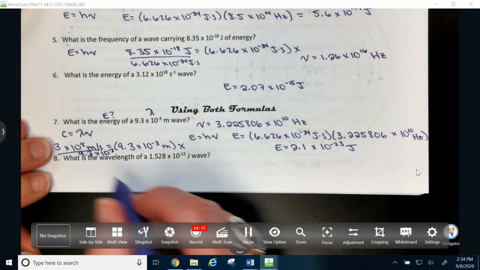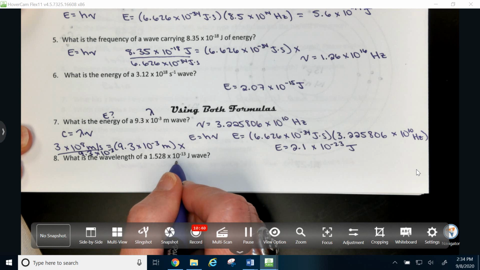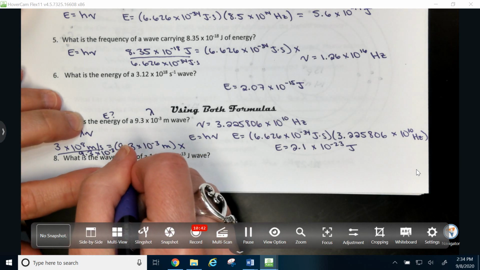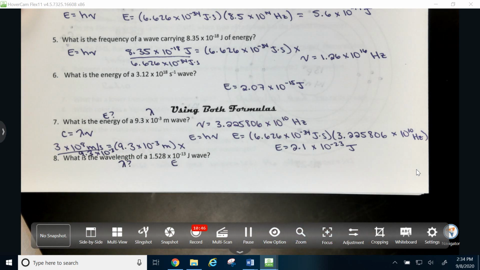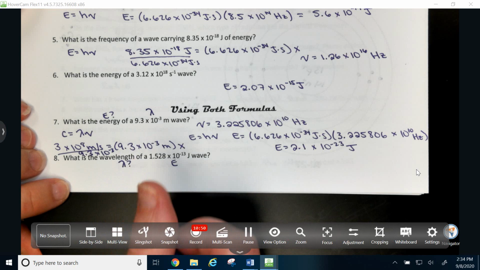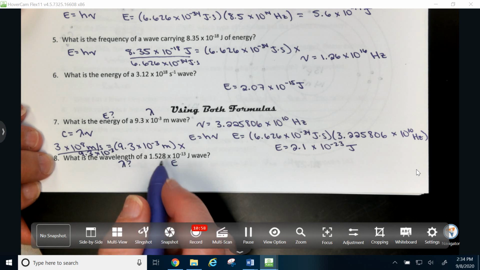Last question, what is the wavelength of a 1.528 times 10 to the negative 13 joule wave? We're looking for wavelength, but we're given energy. There's not one equation that relates the two of them together, so we have to use both equations. Are we going to start with our speed of light formula first or our energy formula first? Well, we're going to start with the energy formula because we're given the energy.